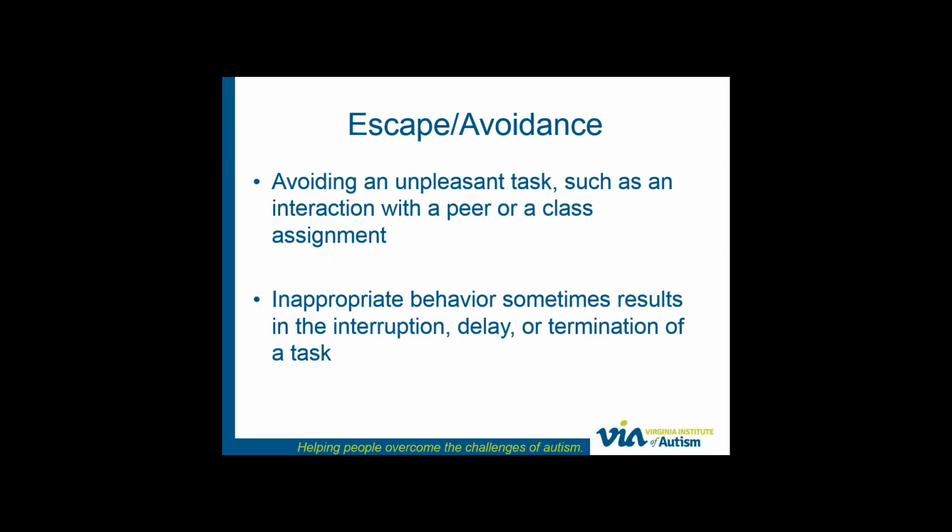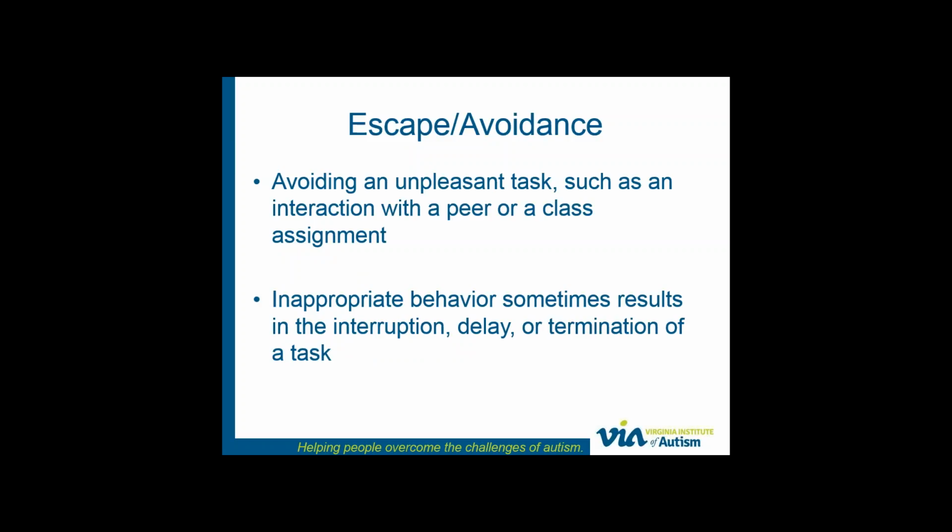So the function that's the most typical for me, when I have seen kids in the past, has been the escape or avoidance function. For example, we may drive the speed limit to avoid getting a speeding ticket. So that's the avoidance function.